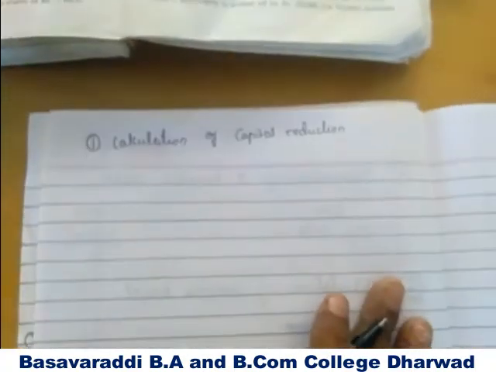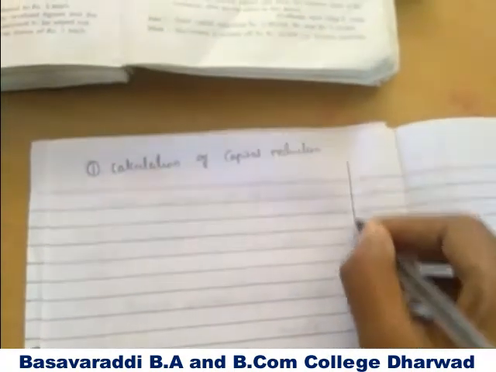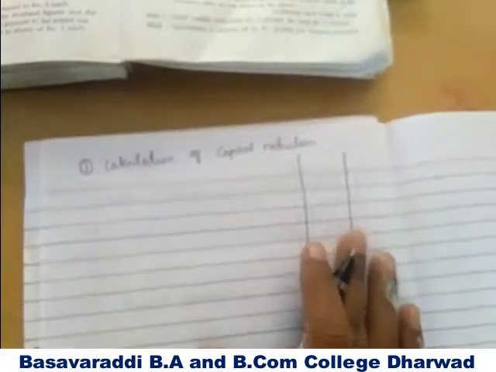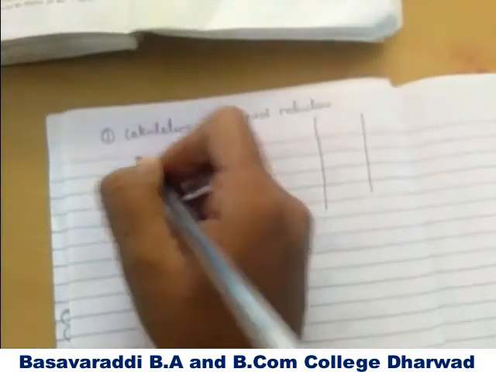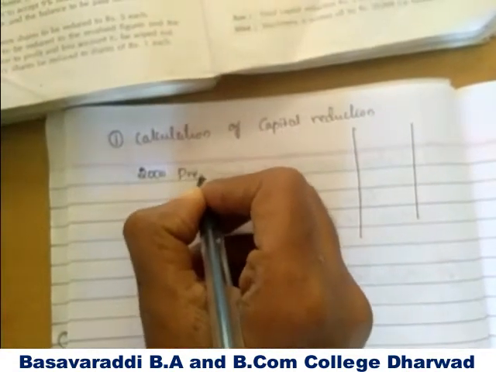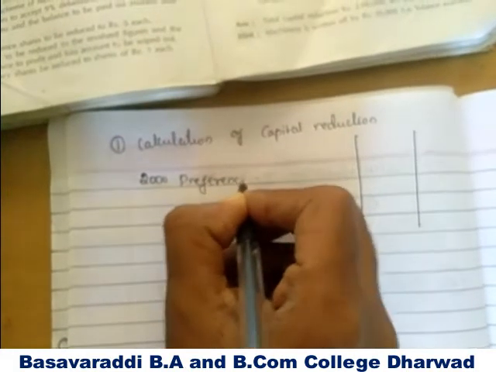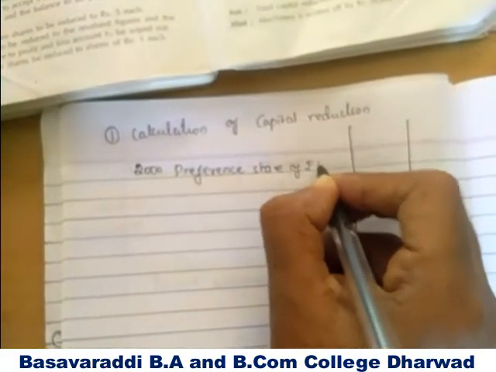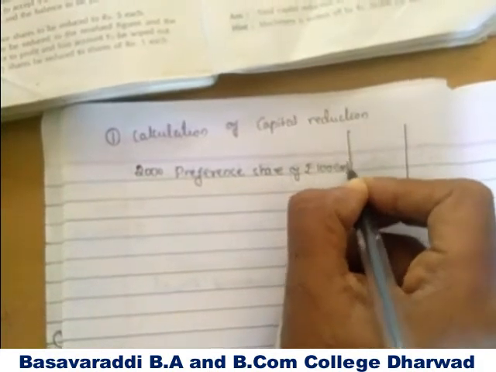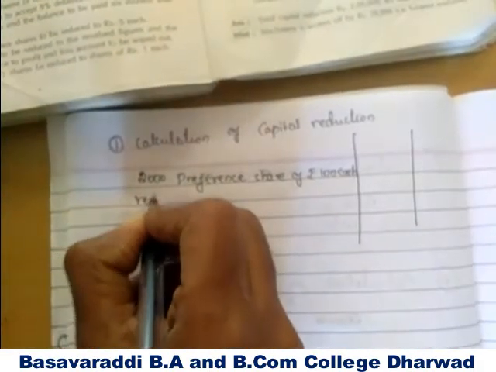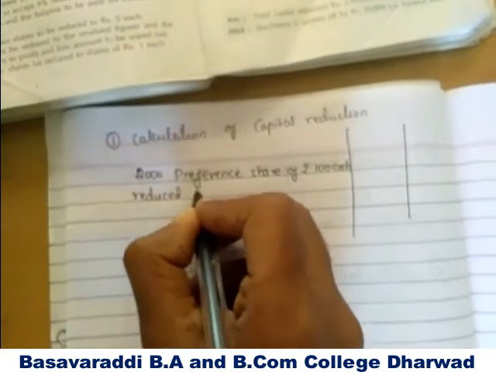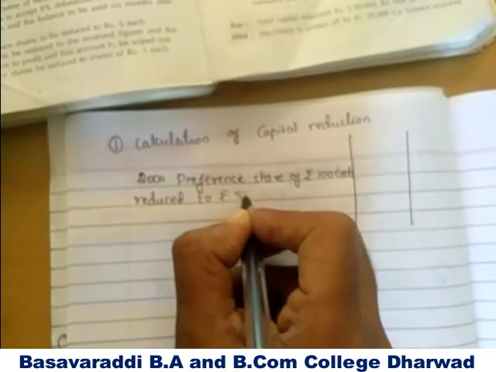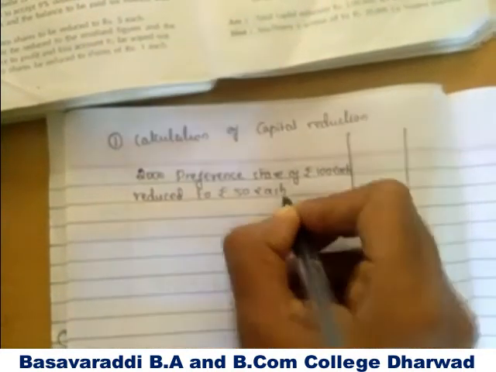Here 2000 preference shares of rupees 100 each reduced to rupees 50 each.